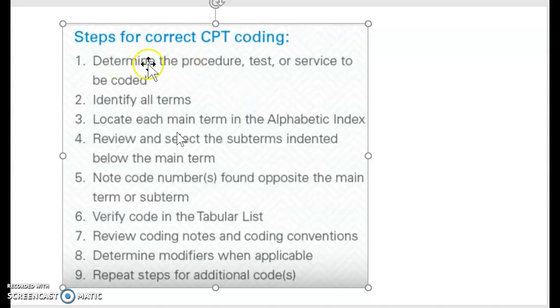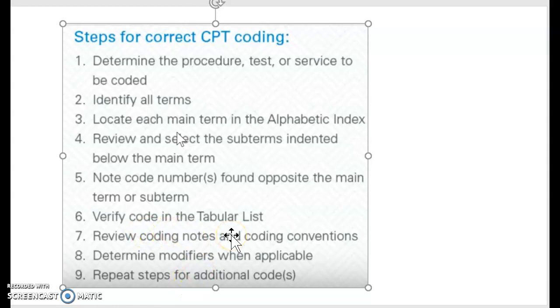The first one is always read the medical record, find the correct procedure, the test, the service, the surgery, whatever the doctor did for the patient, identify the terms, locate each term in the index, make sure you find the subterms under the main term and the code ranges, go back to the tabular list, find the correct code ranges there, review each code, and then confirm them according to the notes given there, which are also called the guidelines.